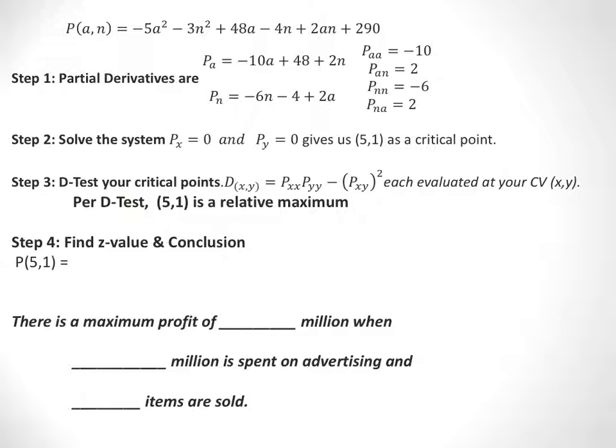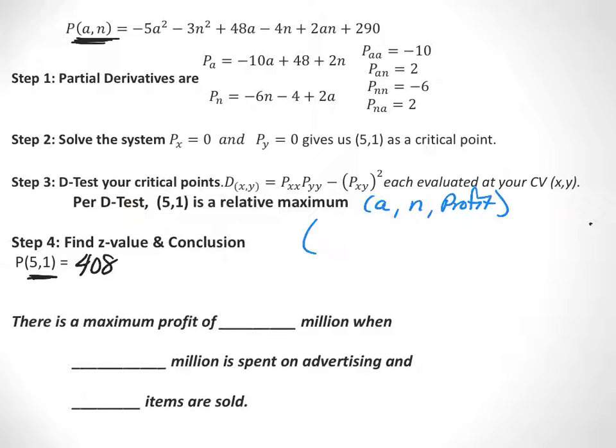Let's gather our information now for our final conclusion, because remember, the problem is asking us for the profit and where that happens. So we have to substitute the 5 and 1 into our original equation, and when we do that, we get 408. You don't have to show that arithmetic. Now, remember, our ordered triple is A, N, and then the actual profit.